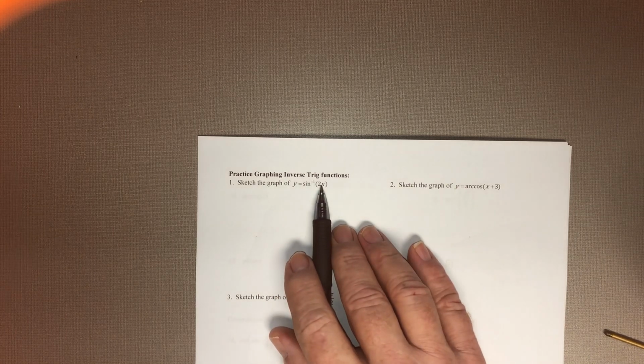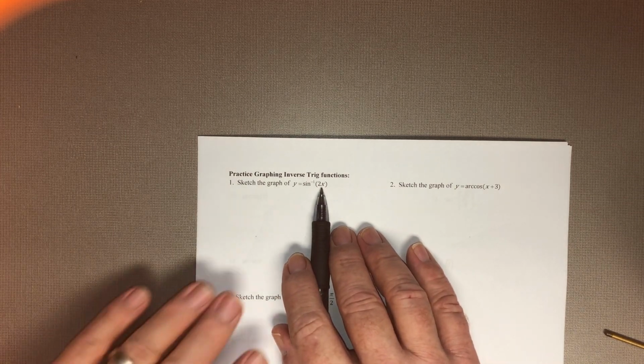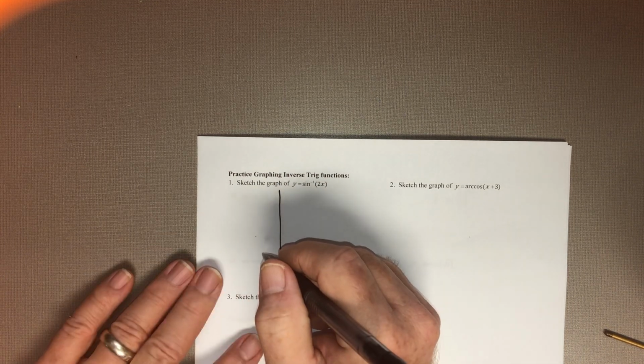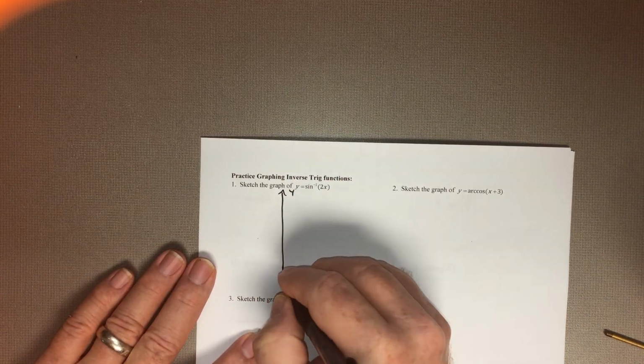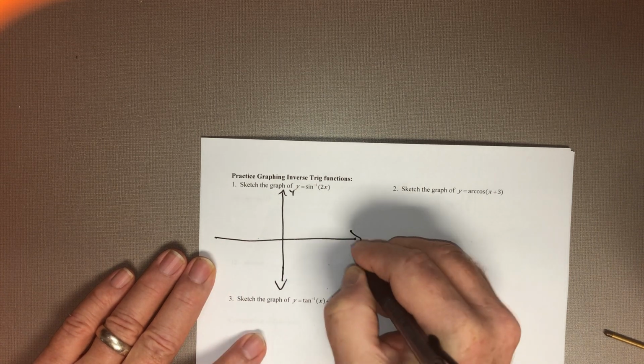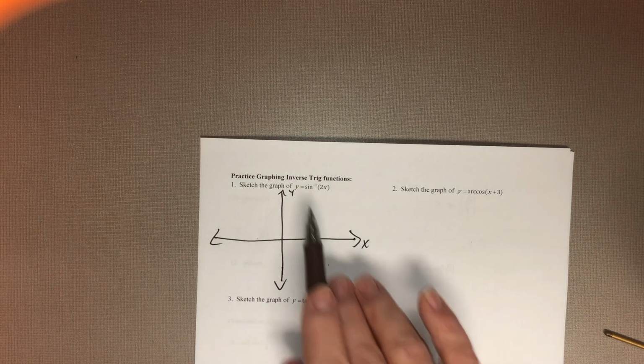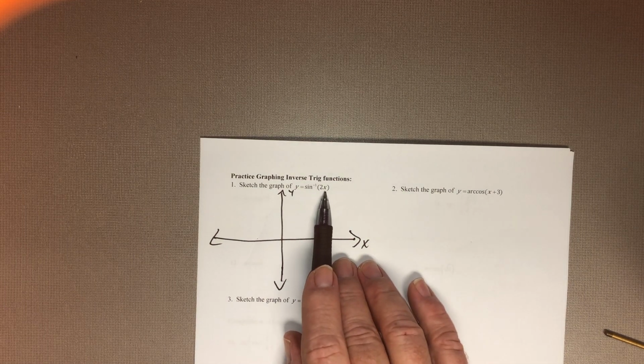All right, let's turn the page. The next part says to sketch the graph of the inverse sine of 2x. Here's my y-axis and here's my x-axis, and I'm going to graph the inverse sine of 2x.